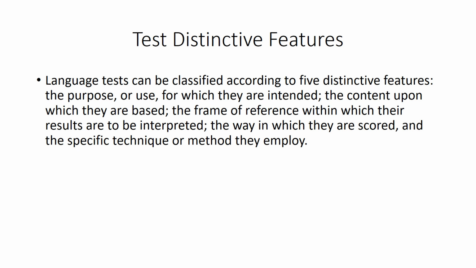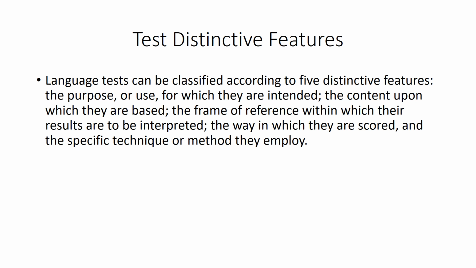Then the test should be based on content. The questions that you are going to put in your test should reflect the content that you have taught to your students. So the second feature is the content of the test.